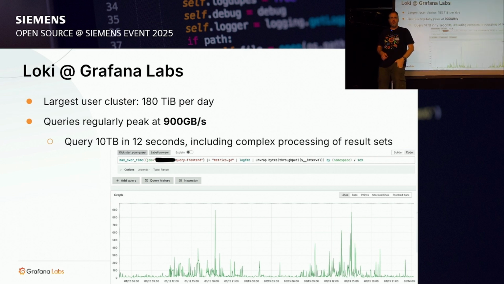Some numbers, again, internal to Grafana Labs. The largest cluster we have ingests 180 terabytes per day. Our queries regularly peak at over 900 gigabytes per second. We have found implementation bugs and constraints in all major cloud providers, some smaller, some bigger.